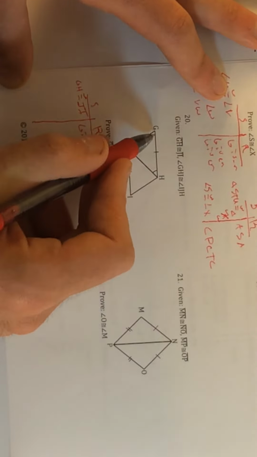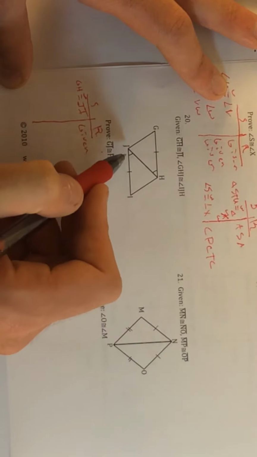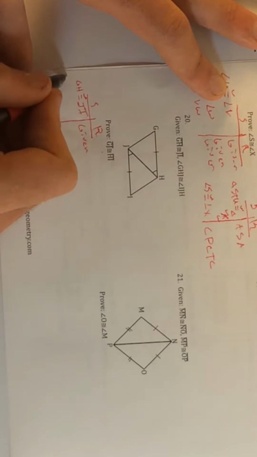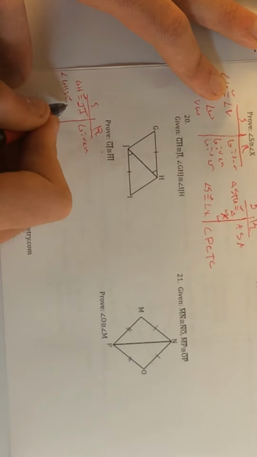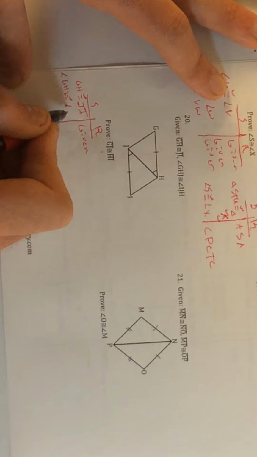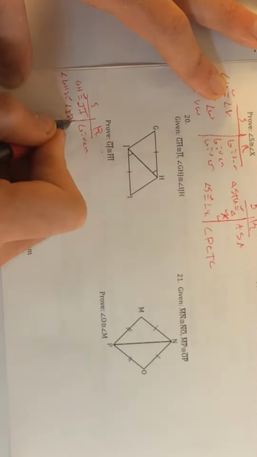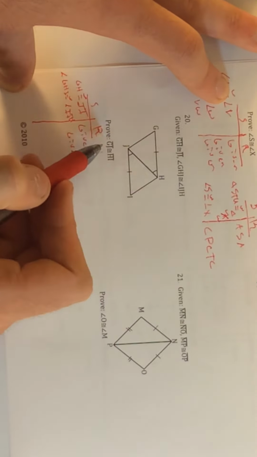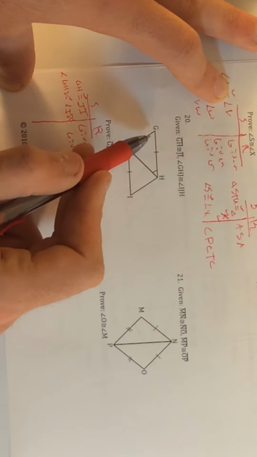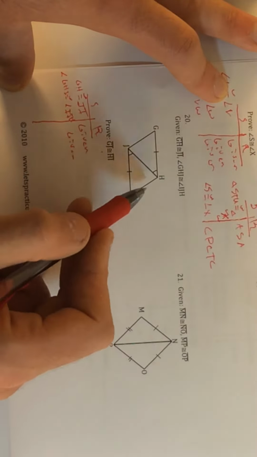And angle GHJ is congruent to angle IJH. Angle IJH, and this is also given to us. We got to prove that GJ is congruent to HI. So we got to prove that.